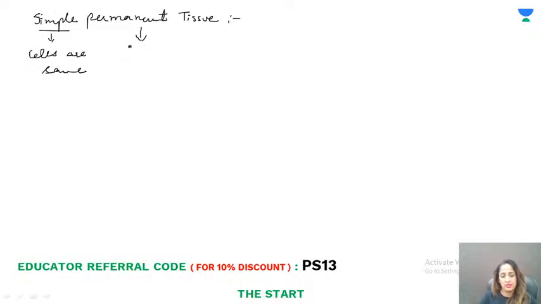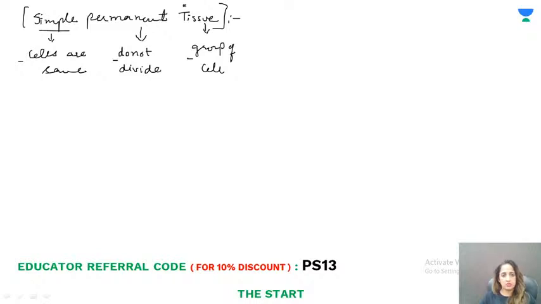Permanent means they do not divide. They have undergone differentiation. Tissue, because it's a group of cells. So this is how I have divided this name into these 3 different parts.